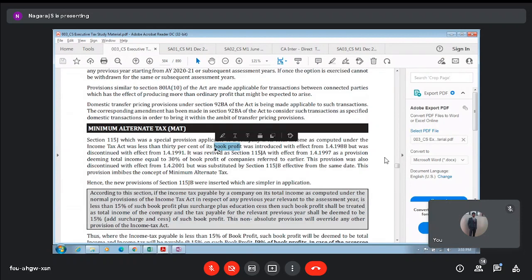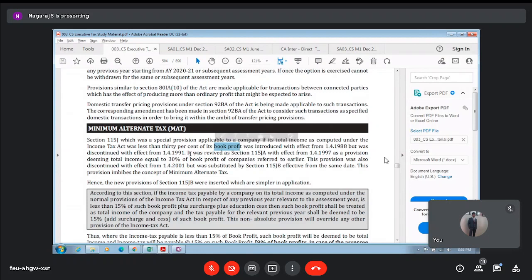There are a few items you need to add and deduct, but I will not tell all those things because you will get confused. You will not be asked the computation part either, so don't worry about the computation of book profit. Only remember the word book profit.